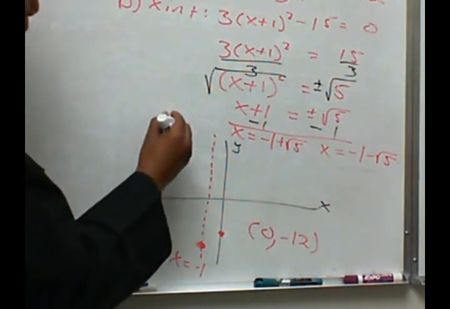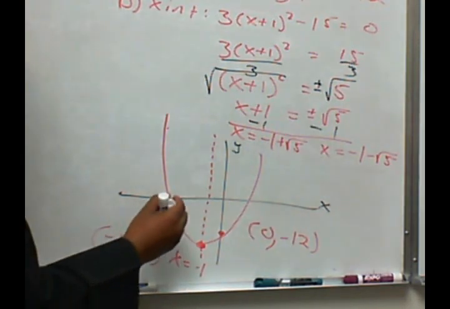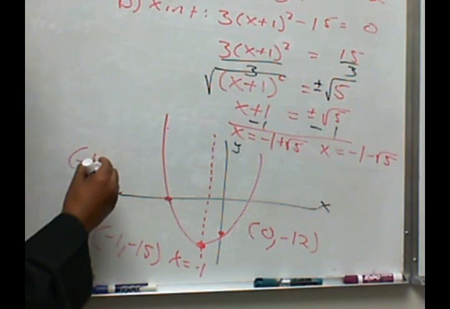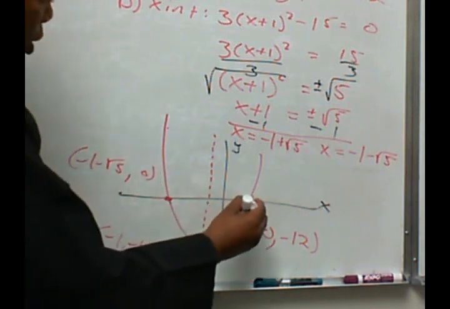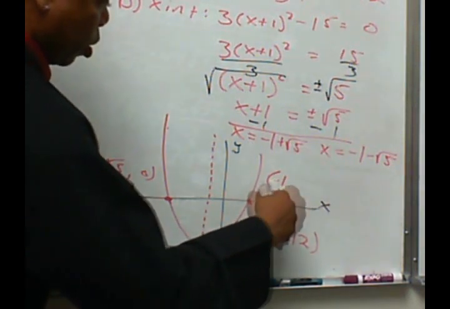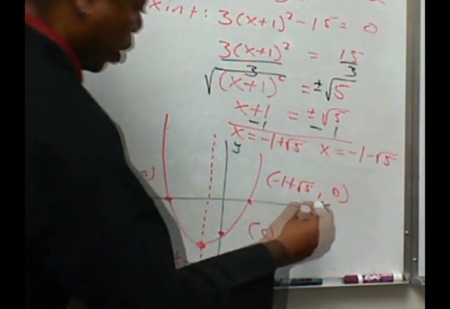So I'm going to draw in my parabola and fill in my x-intercepts. So this right here will be -1 minus the square root of 5, comma 0. And this right here will be -1 plus the square root of 5, comma 0, with the x-intercept.